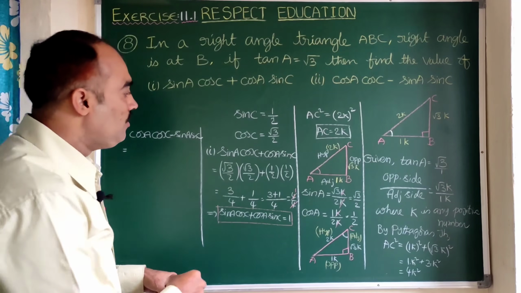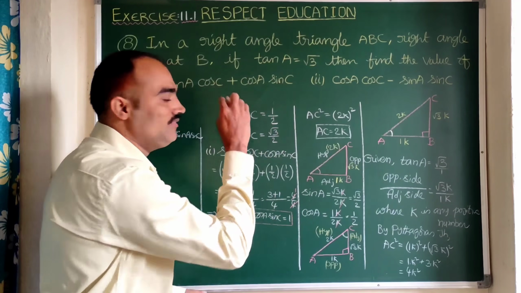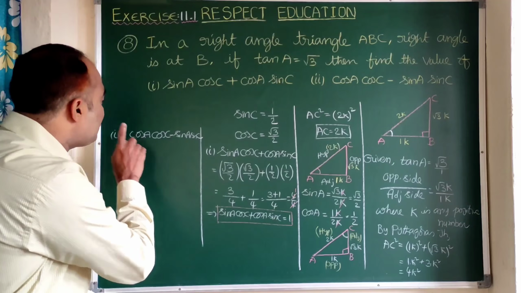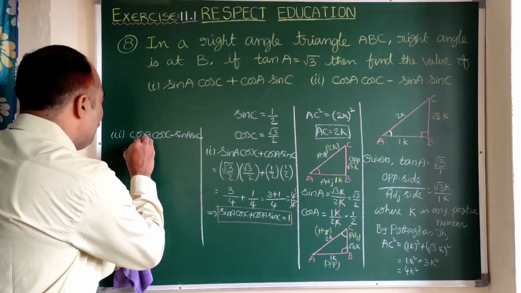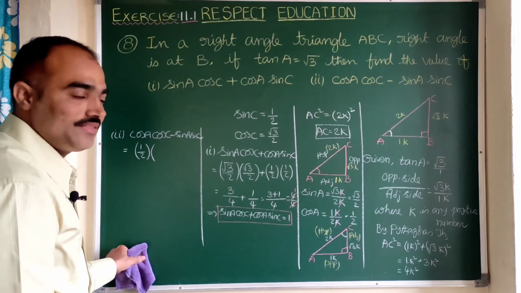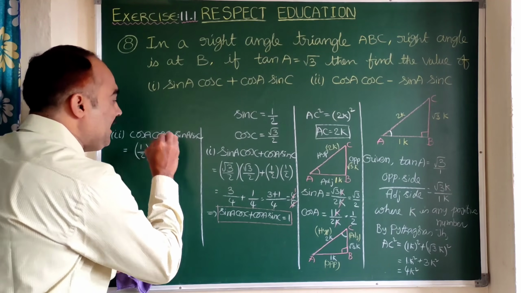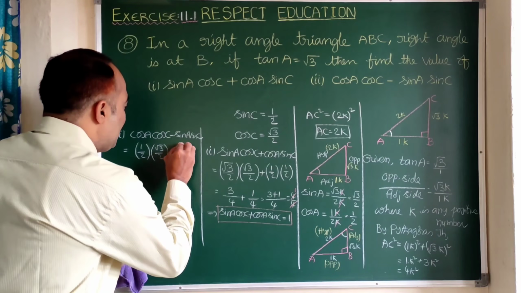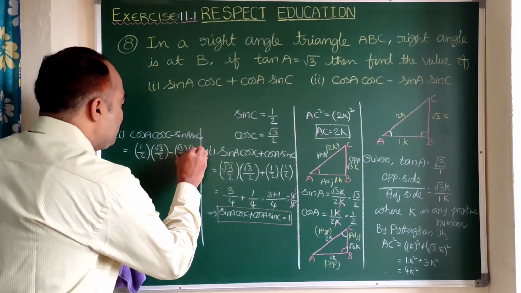Once again I am reminding you, sin A and cos A values are here, don't be confused. Sin C and cos C values are here. Cos A is 1 by 2 into cos C root 3 by 2, minus sin A root 3 by 2 into sin C 1 by 2.